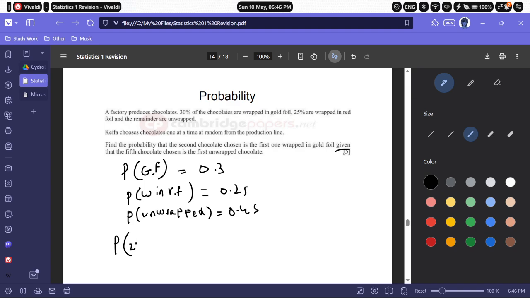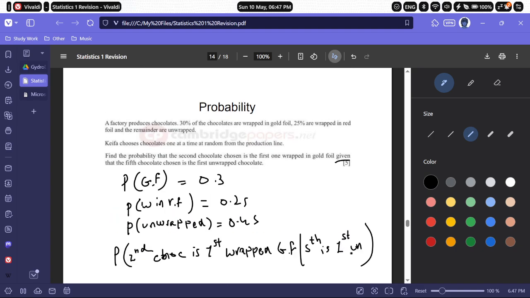So first of all, the second chocolate chosen. I'll just write it in words so that it makes more sense. Second is the first one wrapped in gold foil, given that the fifth chocolate chosen is the first unwrapped.